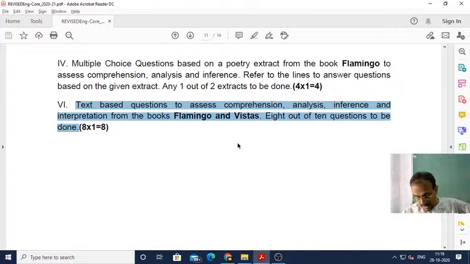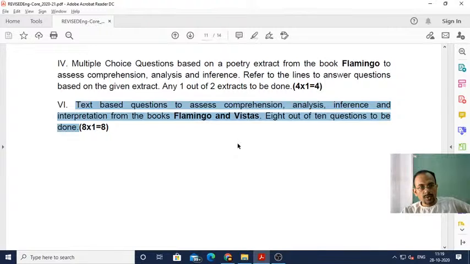It could be 4 questions from Flamingo and 5 from Vistas, or 5 from Flamingo and 4 from Vistas. Sorry, 10 questions now: 5 from Flamingo and 5 from Vistas, out of which you've got to answer 8 questions of 1 mark each. That is 8 marks total.